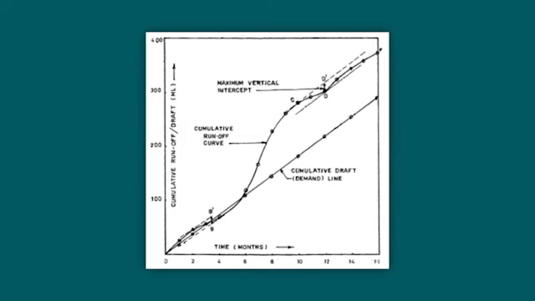On the basis of these, we will draw a graph of time in months against the cumulative runoff or draft. The demand line in that case is a constant line, as shown in this graph. Then we draw the cumulative runoff curve, which is a curve shape.